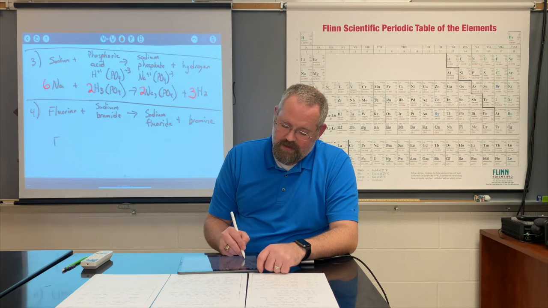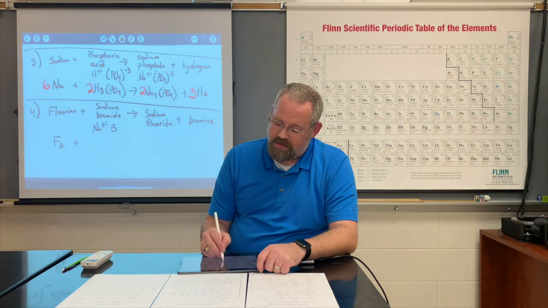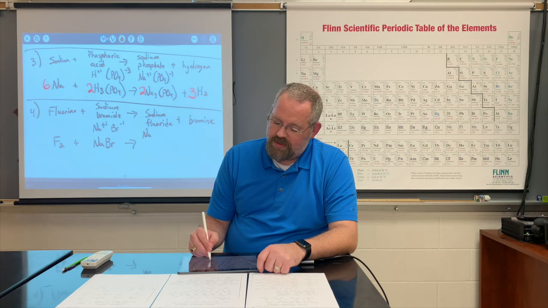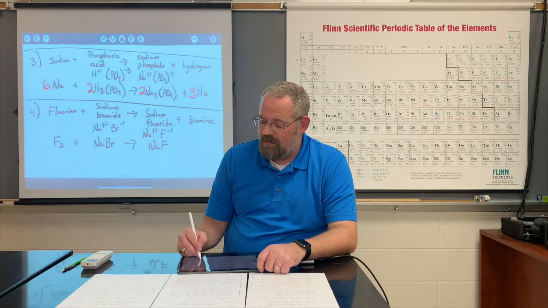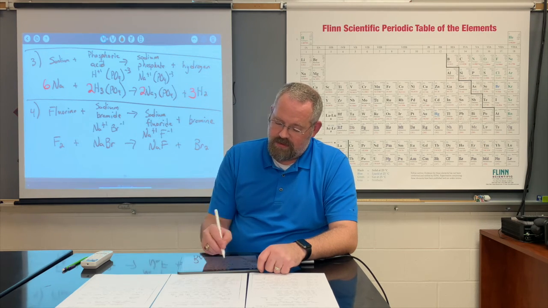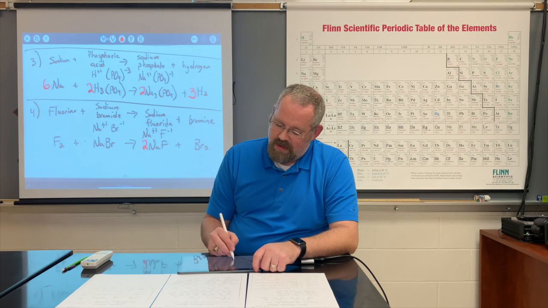So fluorine, diatomic, F2, plus sodium bromide. Sodium is a +1, bromine is a -1. Put them together, NaBr yields sodium fluoride. Sodium is a +1, fluorine is a -1. Put them together for NaF plus bromine diatomic, Br2, and that should just be 2 NaBr and 2 NaF.